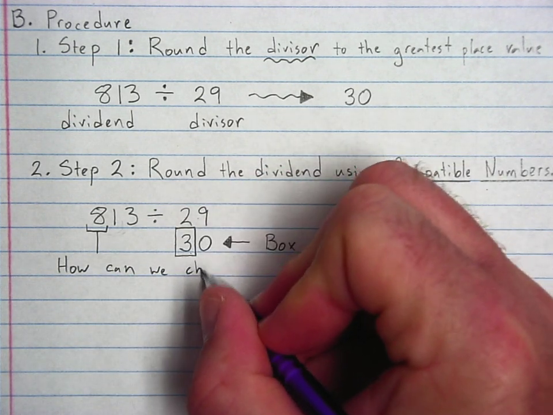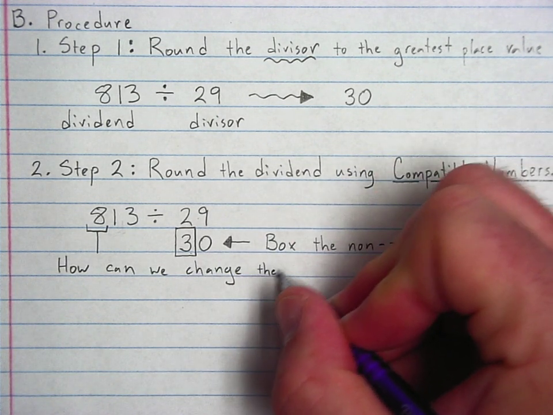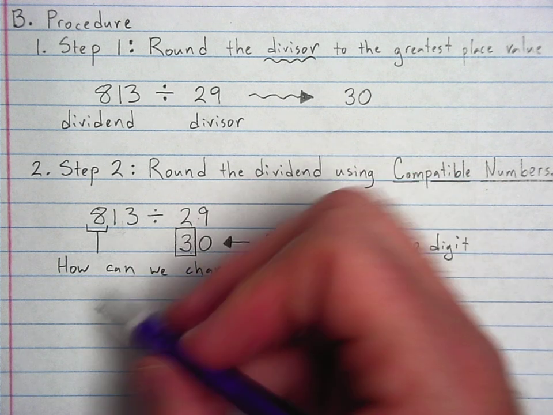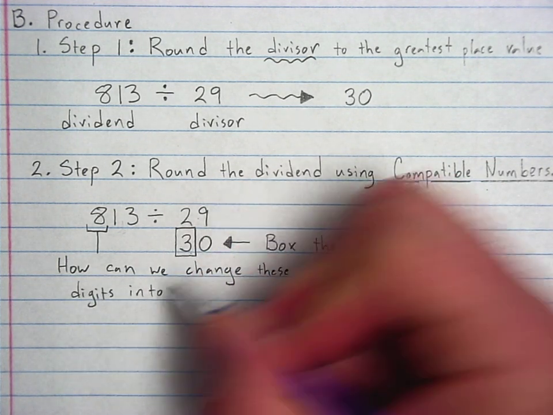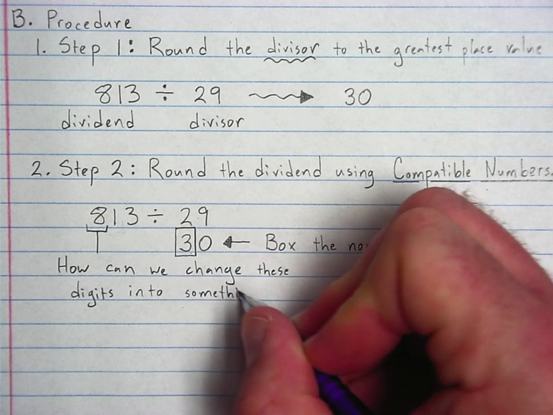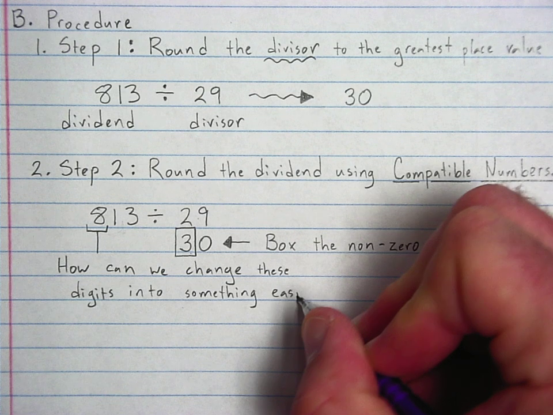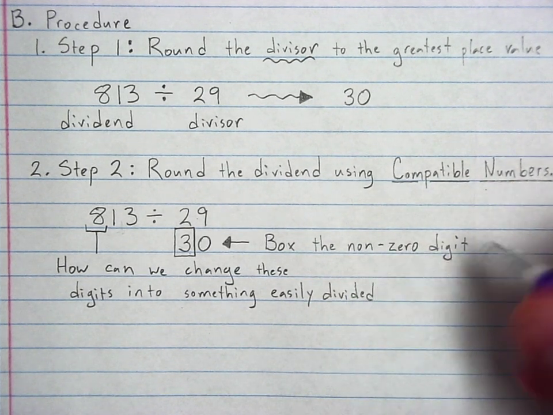how can we change these digits into something easily divided by 3?